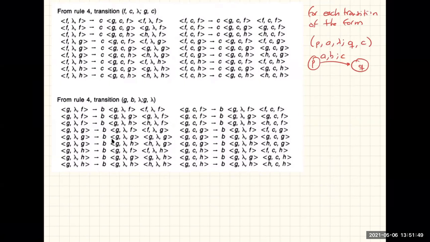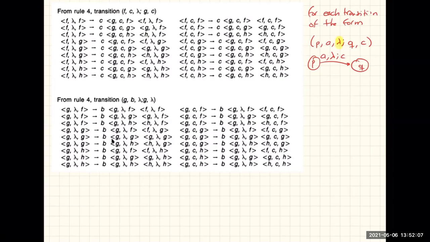Now, we are forcing this to be lambda. So in this case, we won't have B. This needs to be lambda.